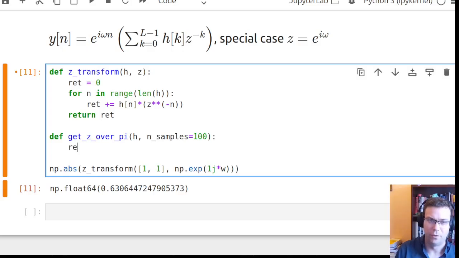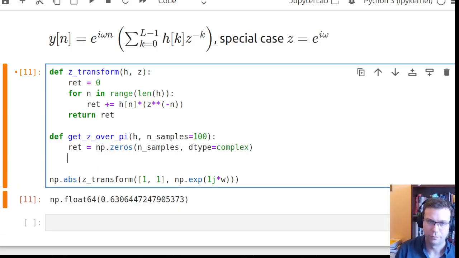So I'll say my return is equal to np.zeros of samples, dtype equals complex.